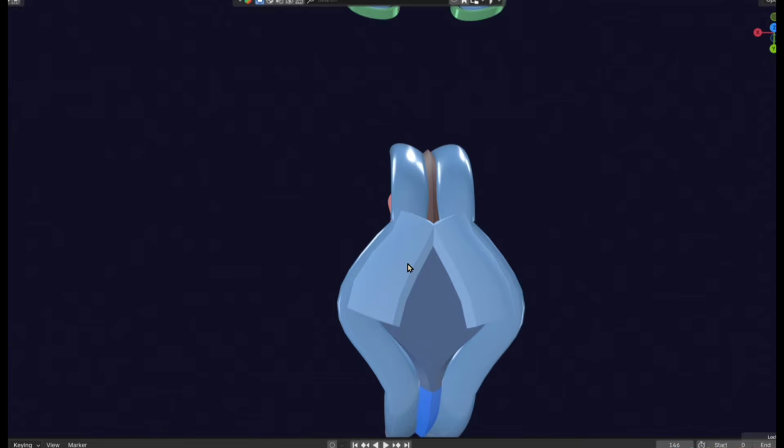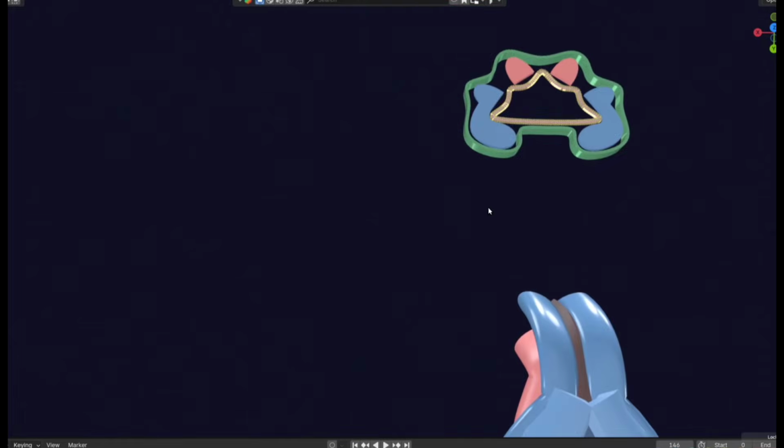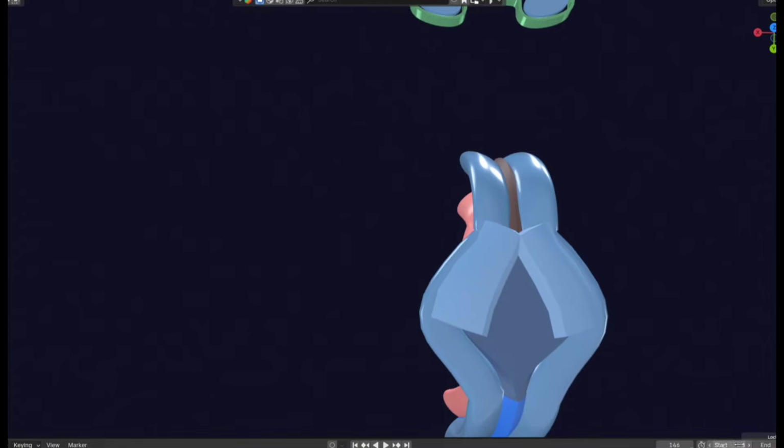This is the situation right now. So here is the cross section, of this area, right? This cross section is shown here. So you can see that the rhombic lips are not joined together in the midline.